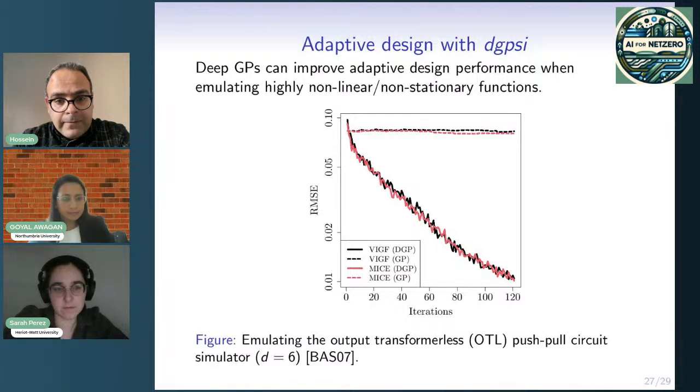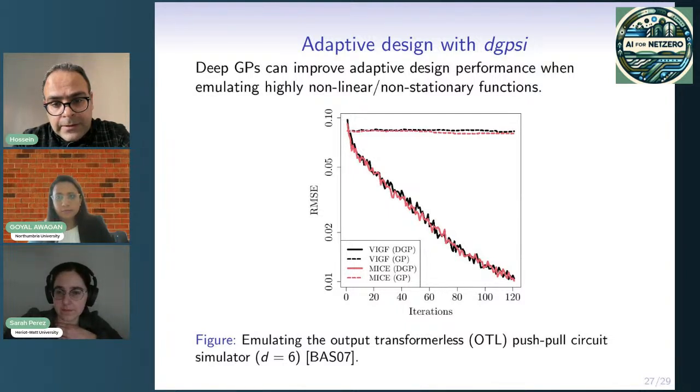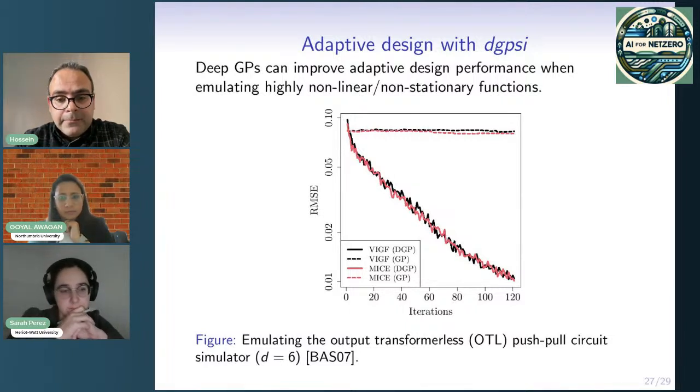Again, we have root mean square error here and iterations on the x-axis. The deep versions of VIGF and MICE, black and red, have a superior performance compared to using them with Gaussian processes. As you can see, we don't see much progress with Gaussian processes.